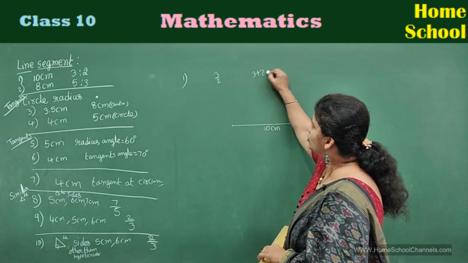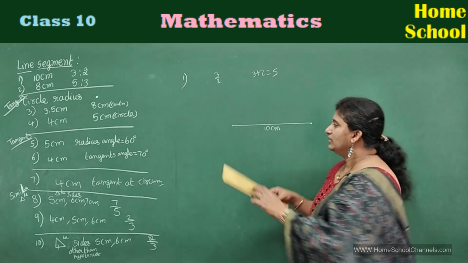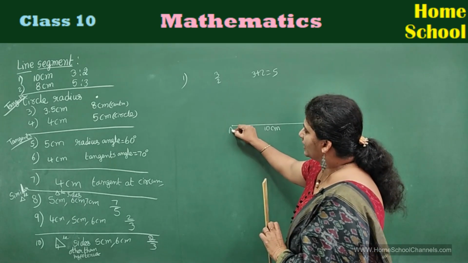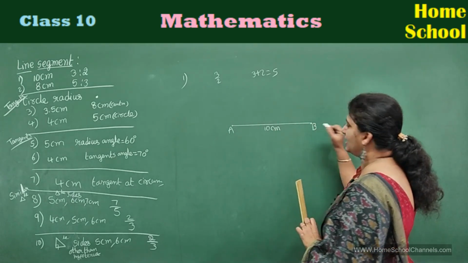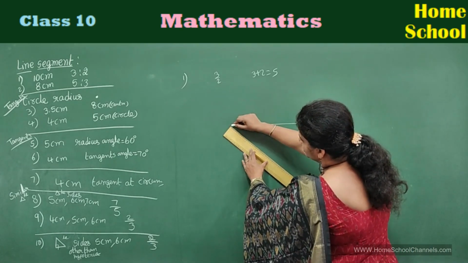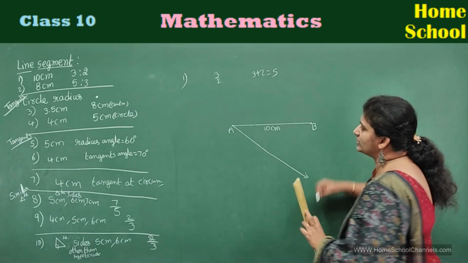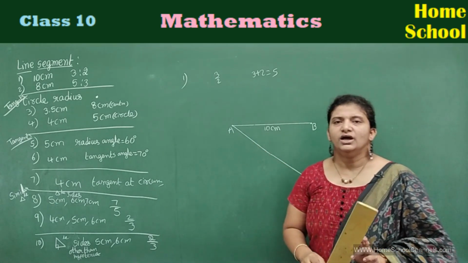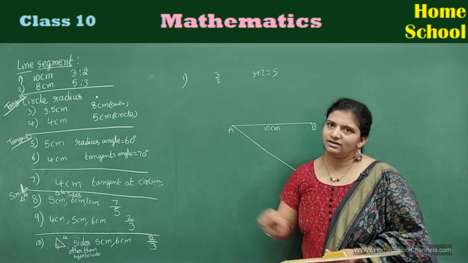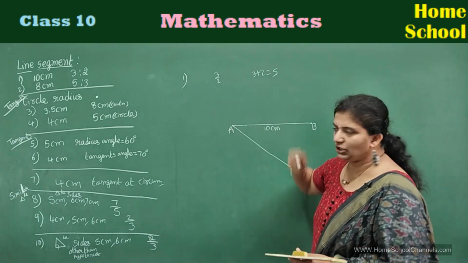Add the ratio here, numerator plus denominator. 3 plus 2 is equal to 5. Now mark this point as A and this point as B. From any one point of the line segment, draw a ray which is acute. Acute means less than 90. Draw a ray which is acute.